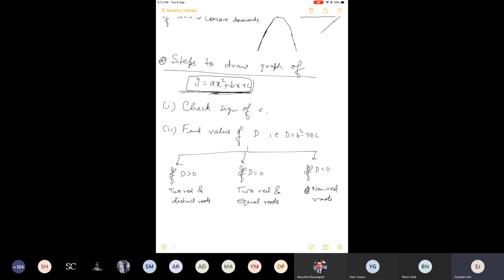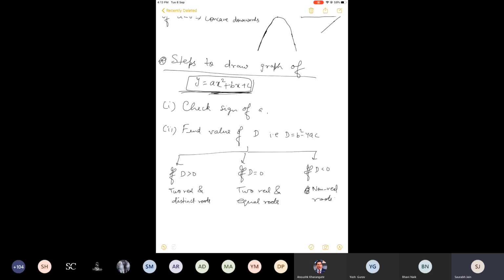Okay, that is fine. But here I am asking about the chapter polynomials. In polynomials, there was an exercise where they used to give some random graphs and ask how many zeros this polynomial has. Can anyone tell me how you used to count the number of zeros of a polynomial with the help of a graph?